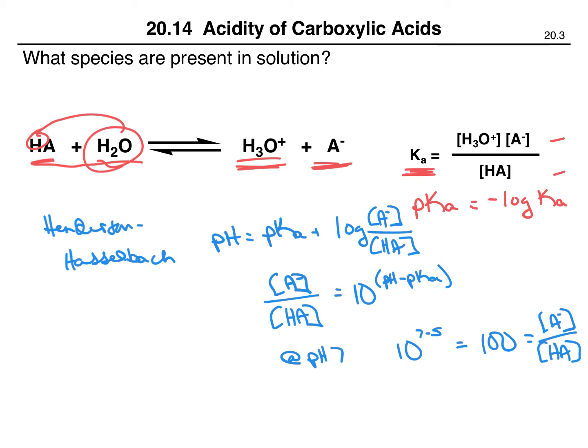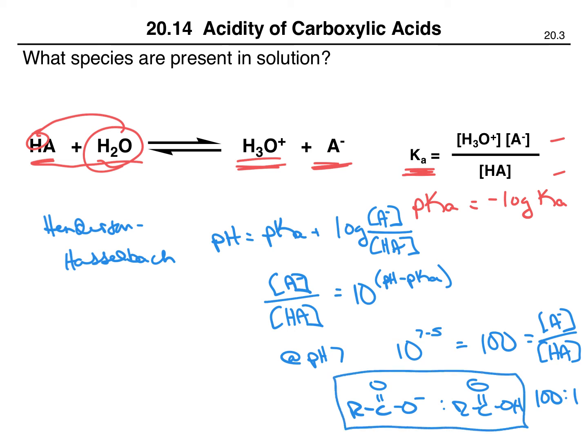In other words, at pH 7, the ratio of carboxylate to carboxylic acid is about 100 to 1. In blood, physiological pH is about 7, and so at a pH of 7, any carboxylic acid that exists in your blood actually exists primarily as the carboxylate.